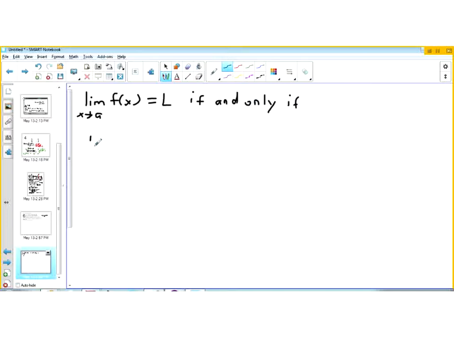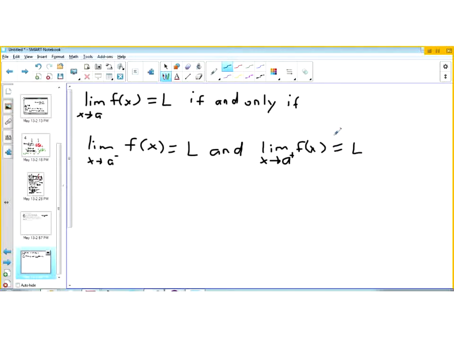If and only if the limit as x approaches a from the left of the function is equal to L, and the limit as x approaches a from numbers bigger than a for the function is equal to L. Okay.